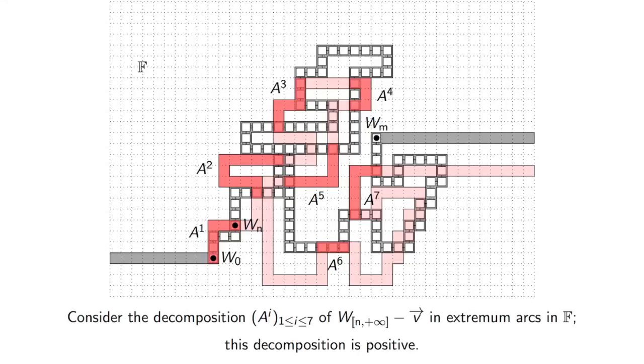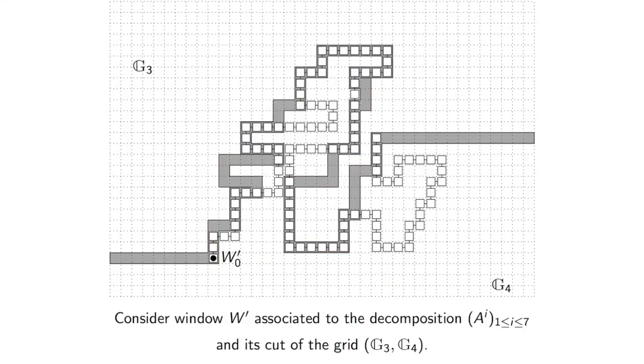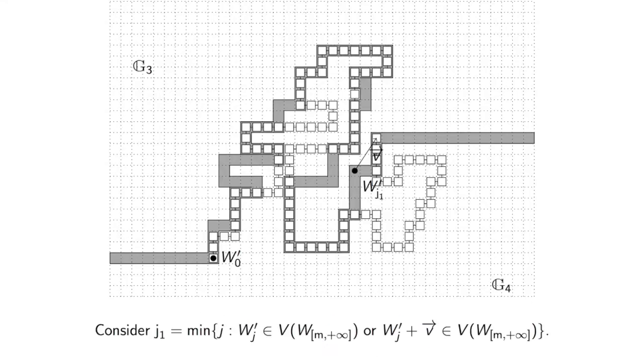In our example, this decomposition is made of 7 arcs. Consider the dual decomposition of the window W associated to this decomposition. This dual decomposition is made of 8 segments of the window. These dual segments are in blue. Consider the window W prime associated to the decomposition and its cut of the grid G3 and G4. This new window is in gray.